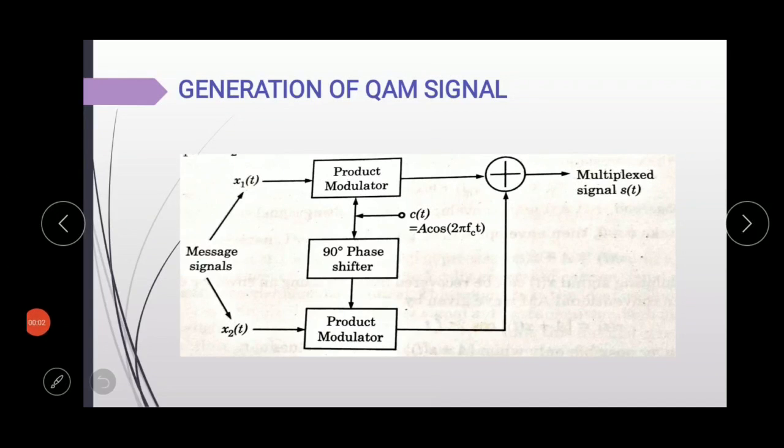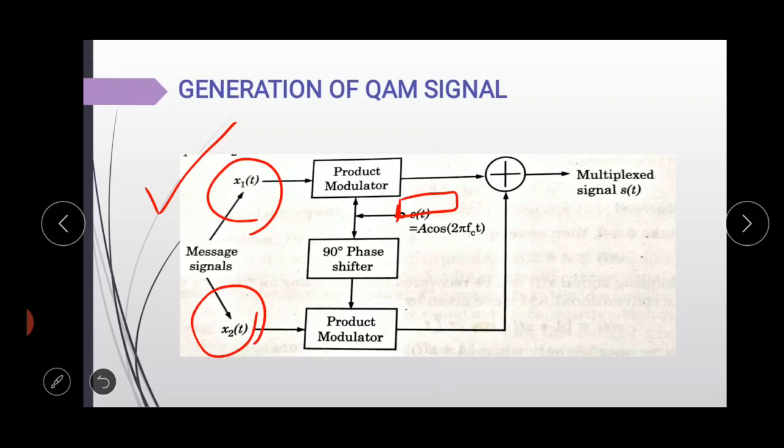So, this is the generation of the QAM signal. The QAM transmitter consists of two product modulators and a local oscillator, which is present here, that gives the carrier signal A cos 2 pi fct. Here we use two incoming signals, as QAM can modulate two signals at a time and transmit them through a single channel.